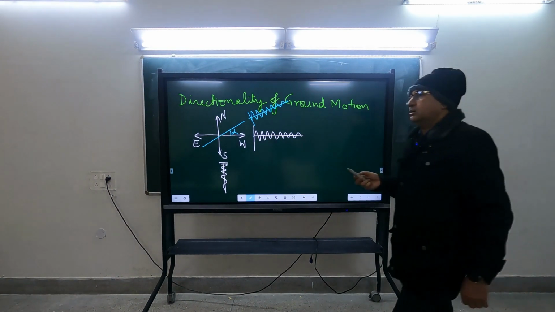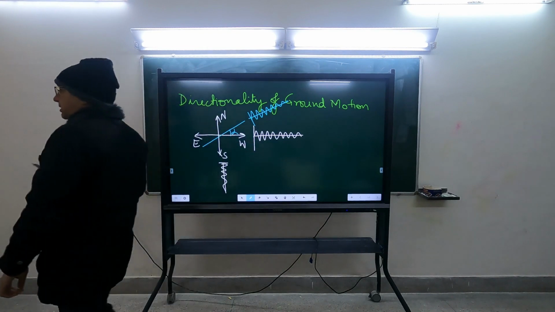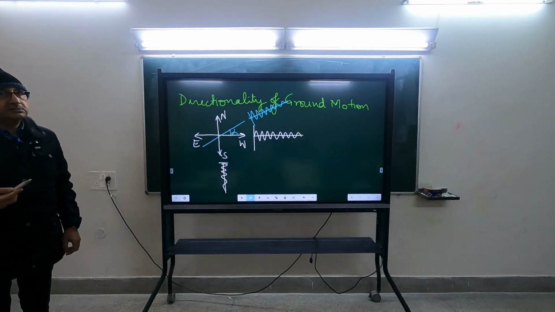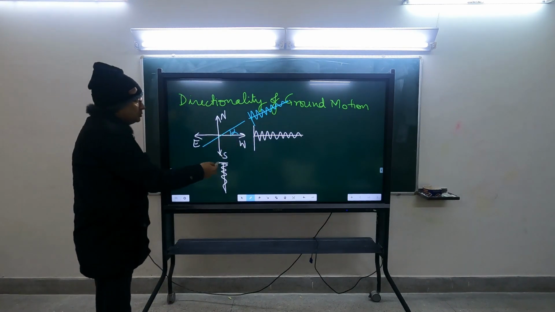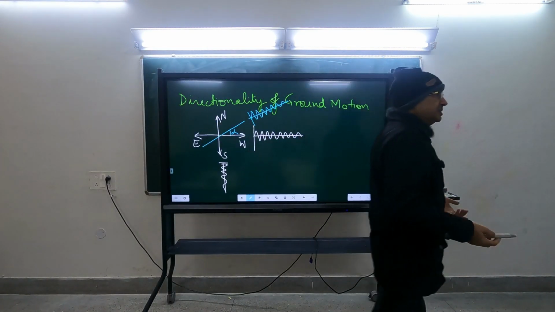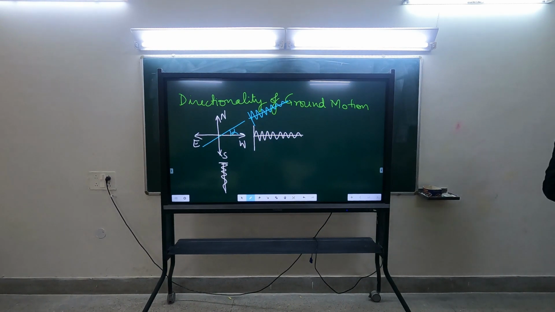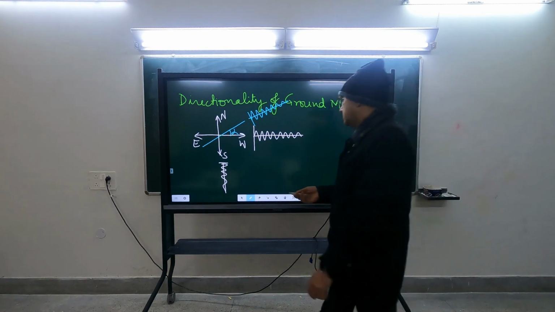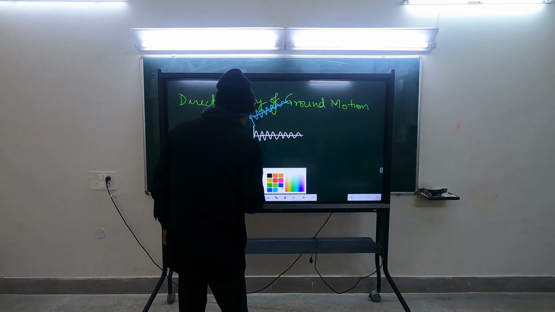Now, if we are using time history analysis, where we are using ground motions directly, then we can just consider these two components and automatically the directionality of the earthquake will be considered. But when we are using response spectrum, we obtain one for each ground motion record.